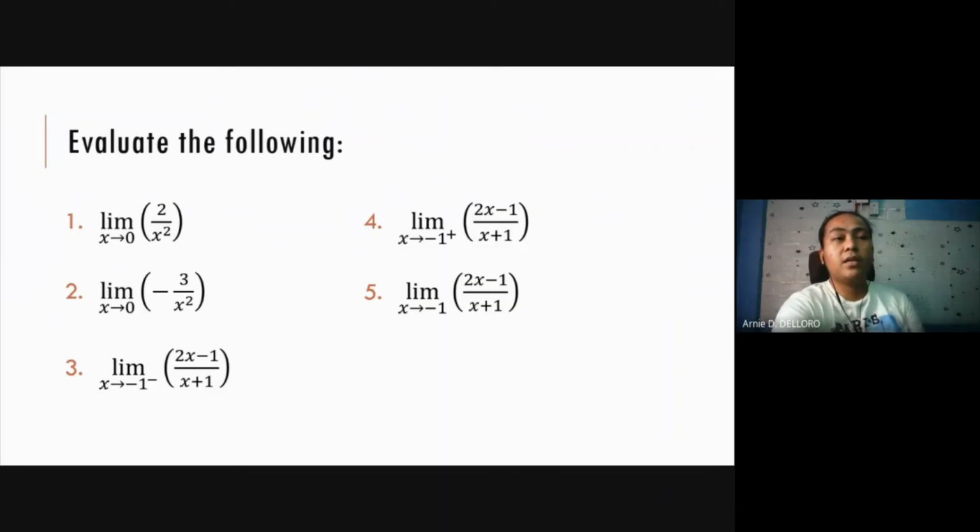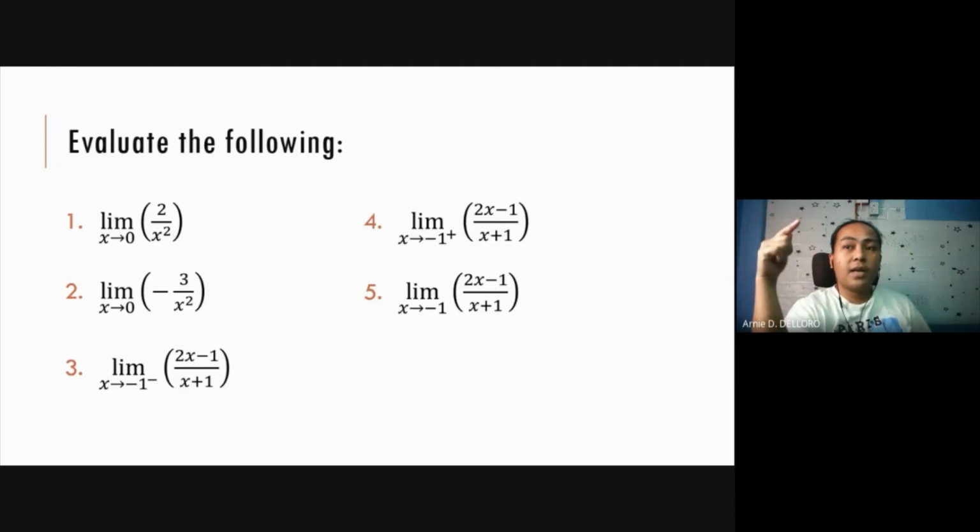Does it increase without bound or decrease without bound? Depende sa graph. Okay? Say for example, without considering the limit, yung 2 over x squared lang, ano yung vertical asymptote?